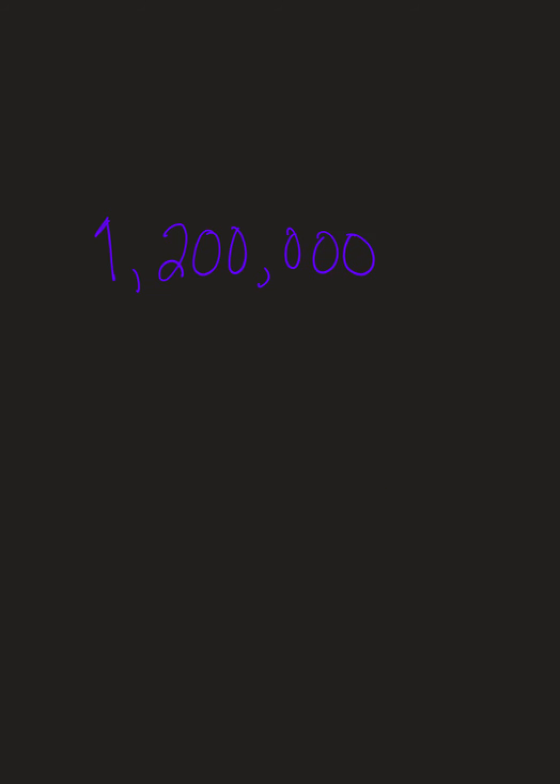Our first example in standard notation is 1,200,000. So what I'm going to do first is move a decimal place over next to the 1, because I want this first number to be between 1 and 10. So I have 1.2. Now I could write all of these zeros, but the whole point of this is to make the number a little smaller and a little bit easier to work with.